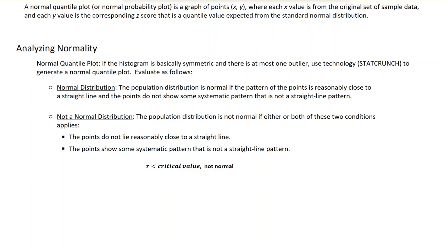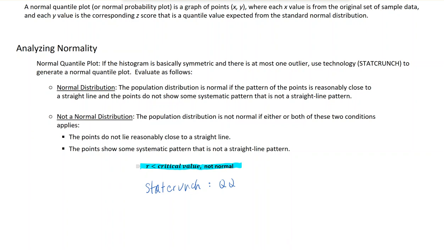So in order to assess the normalcy using our technology, we're going to do two things. First, we're going to use StatCrunch, and in StatCrunch, we will be using the QQ plot, which I will show you how to do. But also, we're going to add the correlation coefficient to be able to determine that as well.